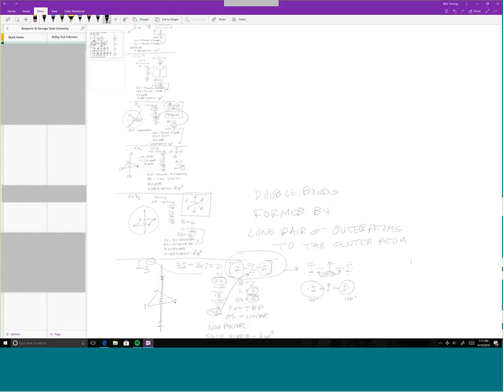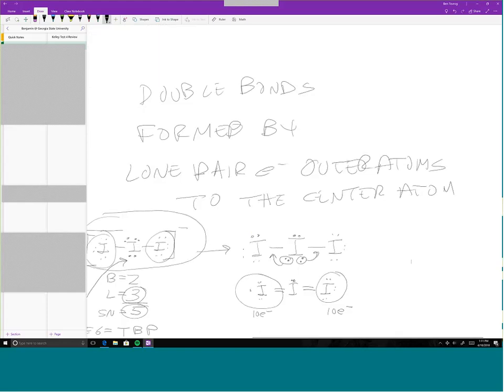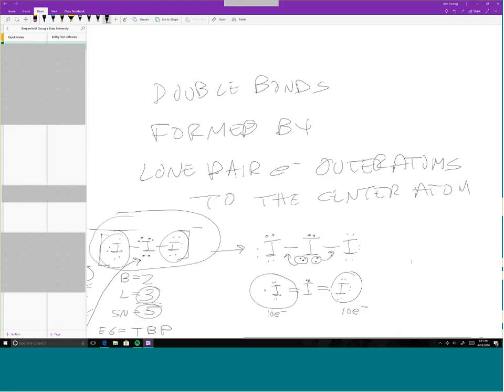And why is that? Because look at what just happened. In this structure with the 3 lone pairs on the center atom, the outer atoms already had 8 electrons. If we make a double bond, the 8 electrons are already there, and then we're adding to it a 9th and a 10th.